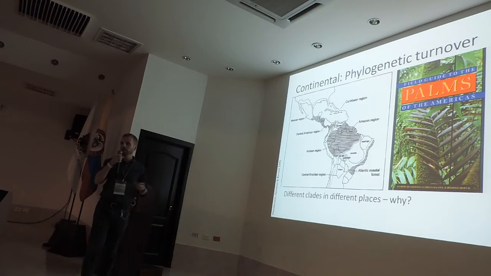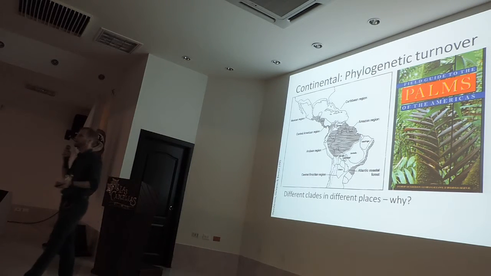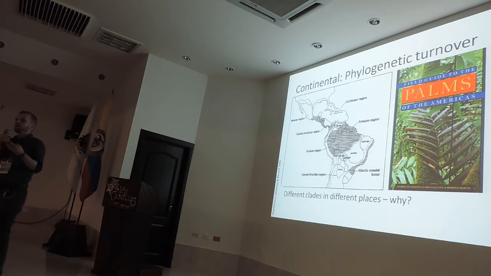And we really wanted to know why this is. I mean, for many of those clades, we can build a narrative around why this is, but it can also be analyzed statistically, and that's what we tried at least.